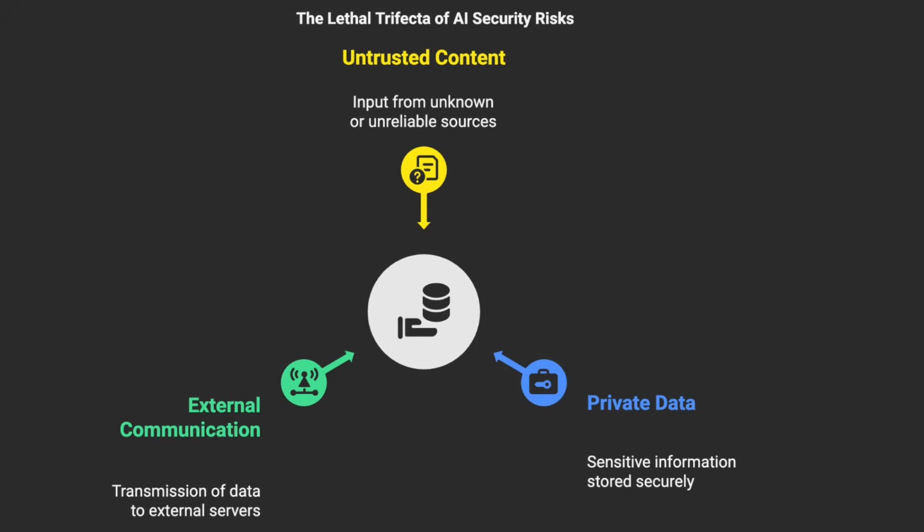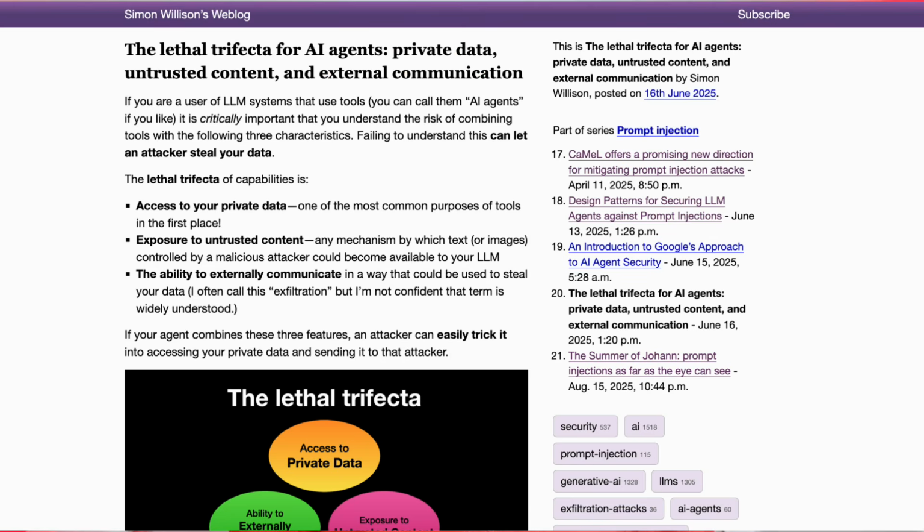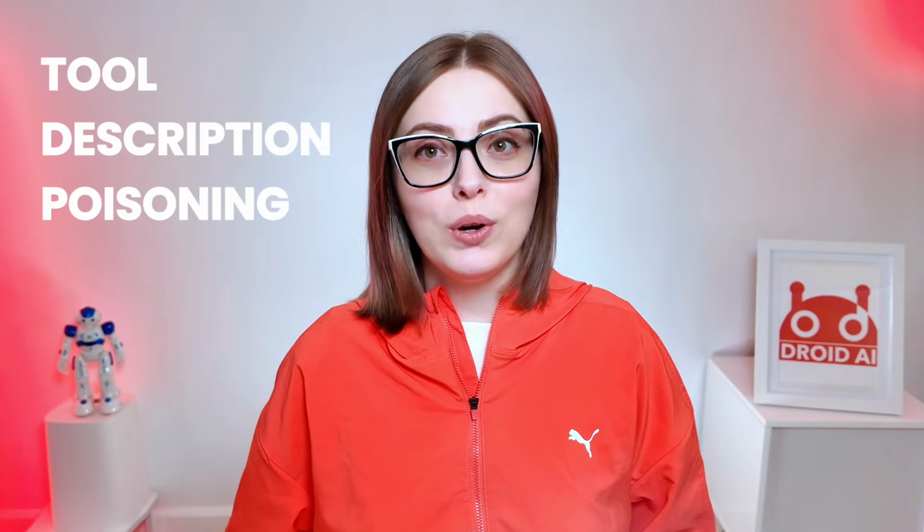The model then searches the repository for what is essentially API keys or JWT tokens and transmits them to an attacker-controlled URL. All it takes is mixing untrusted content, private data, and external communication, a combination that Simon Willison calls the lethal trifecta.